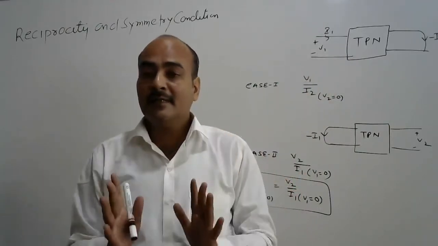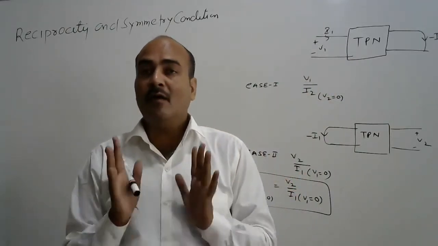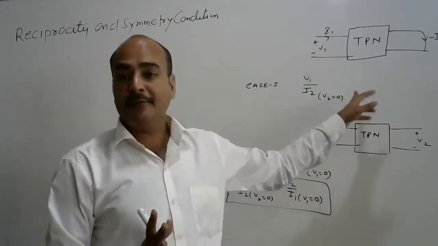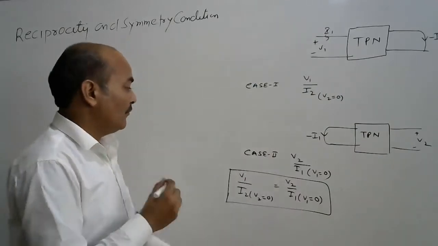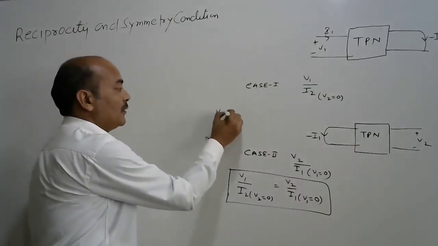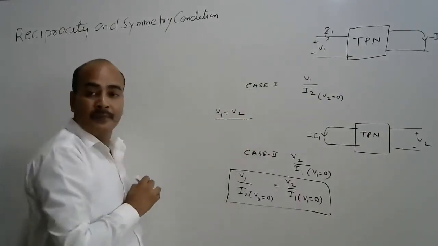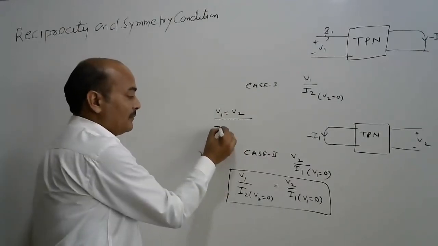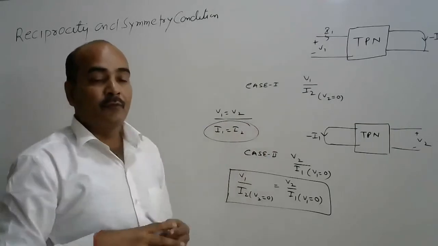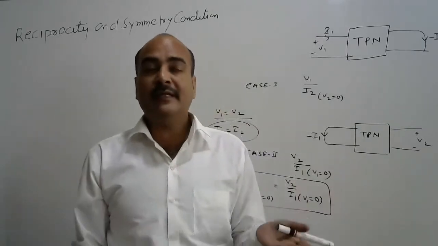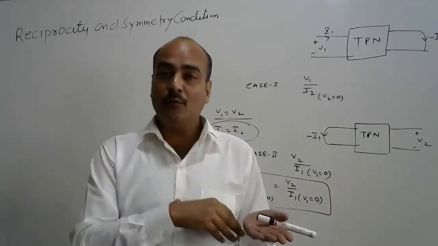Then this is known as the condition of reciprocity and the network is known as a reciprocal network. So what is the condition? If V1 equals V2, then I1 becomes equal to I2. The conclusion is that the same voltage applied at the input and output gives the same current.